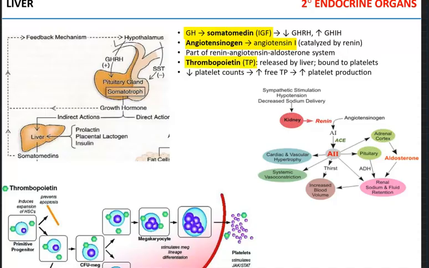And thrombopoietin. Thrombopoietin is the hormone produced in response to low blood platelet counts. So when you are short on platelets, your liver will produce this hormone, which will stimulate platelet production. Okay?